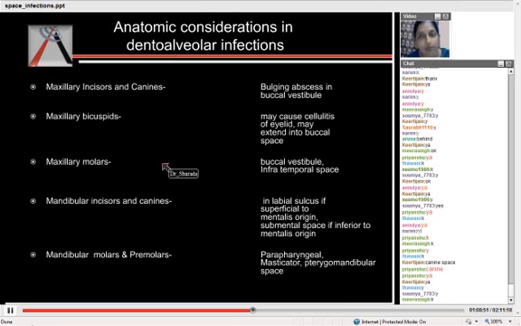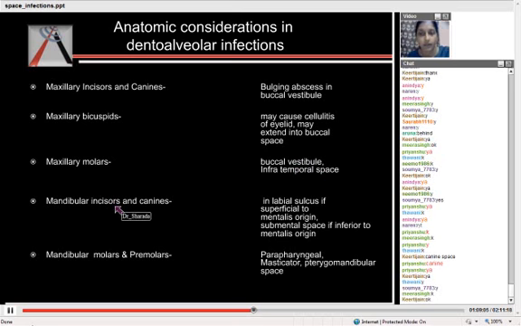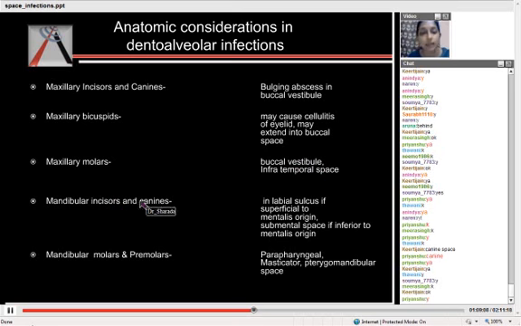Maxillary molars also, buccal vestibule only, right? Infratemporal space. Now because this is maxilla, we go up to the temporal part. Infratemporal space. That was about the maxilla. Now we come below. Mandible. Mandibular incisor and canine. In the labial sulcus, again you will have a buccal space infection.